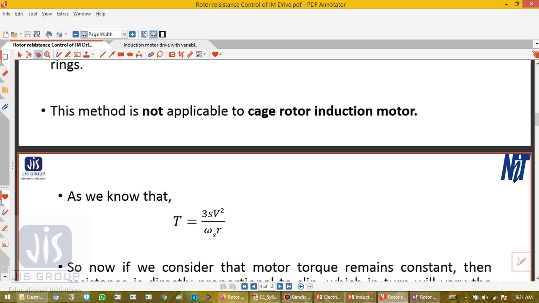T is proportional to slip, and torque is inversely proportional to R. That we can conclude from the torque equation.